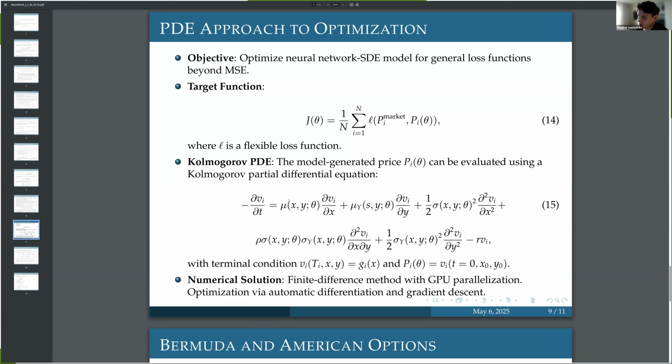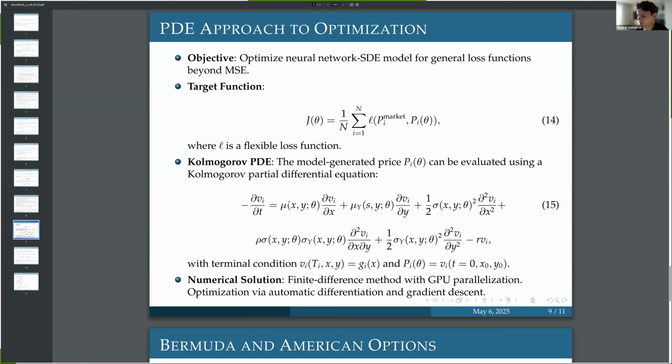And they say that you can solve it to get the model generated price. Is there a typo in equation 15? Mu sub y should be a function of x and y, yes? Sorry, yeah, x and y.